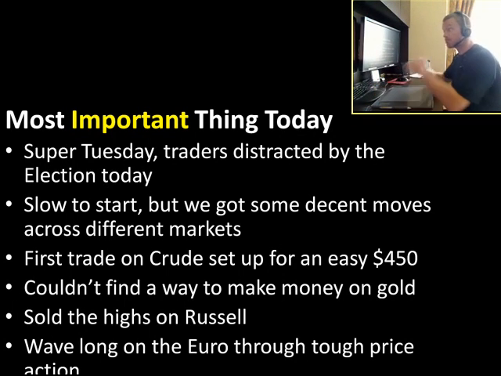But we did get some pretty decent moves. Now you'll notice we traded the gold, the crude, the Russell, and the euro. We traded 4 different markets, and except for that darn gold, we made money on all 4. I still couldn't get that money out of the gold this morning. I tried a couple times and couldn't do it. So the first trade on crude was a big 45 tick winner. That really set us up for a great day in front of us. Right now, this is the picture perfect scenario.